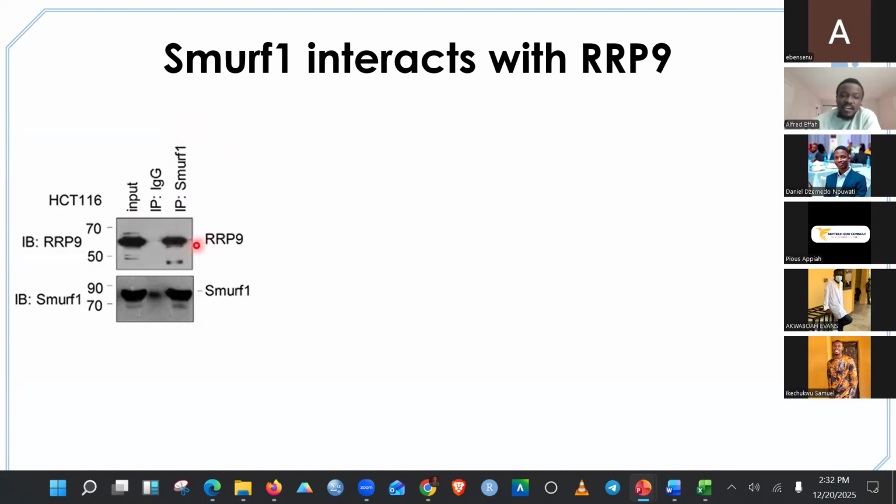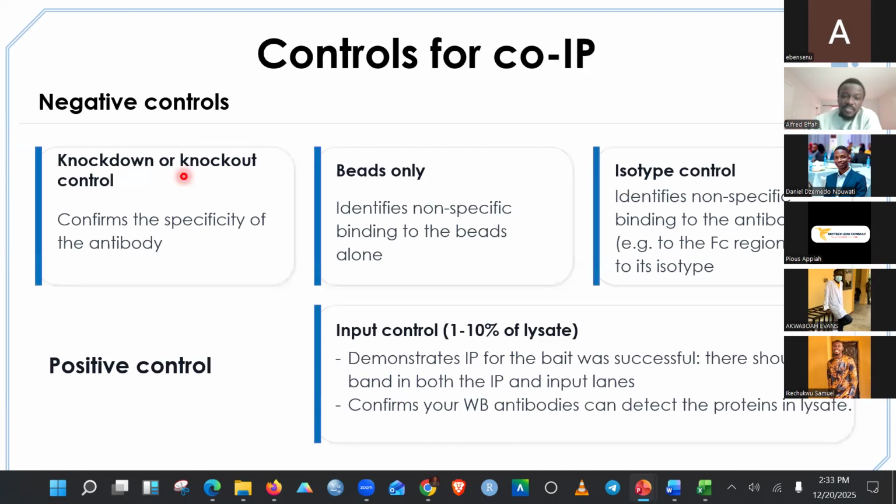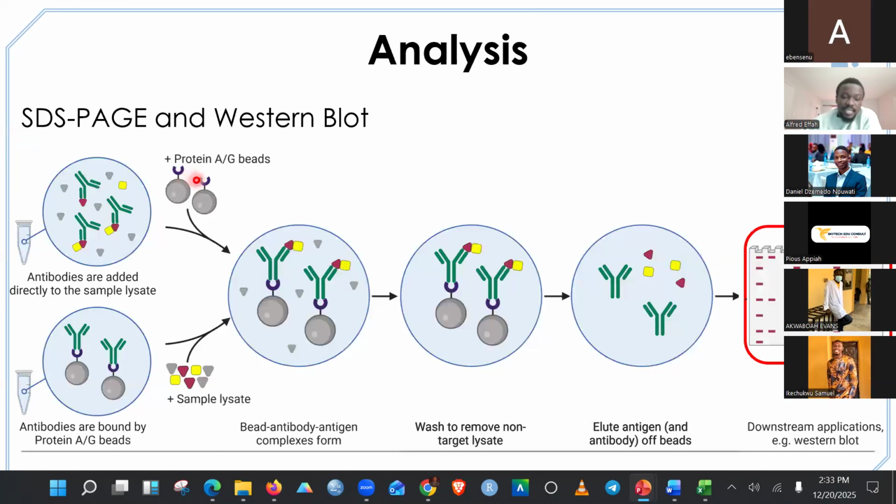So we see the RRP9. They also just wanted to confirm if SMURF was around, so they did the Western blot for SMURF1. And now we are seeing SMURF1 over here. I can take you back for you to appreciate it well. So let's assume that this is SMURF1, the red one.